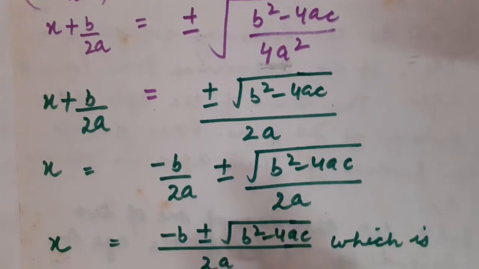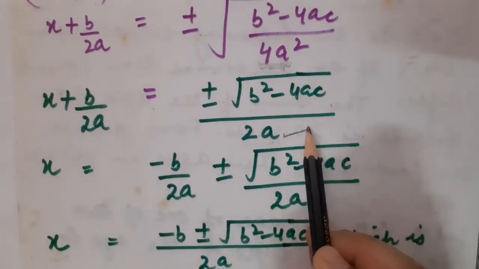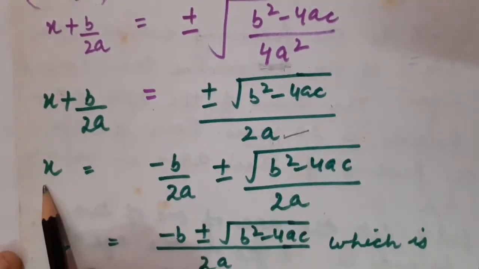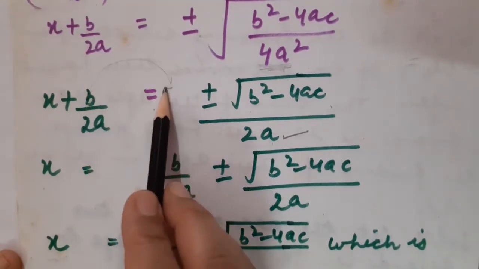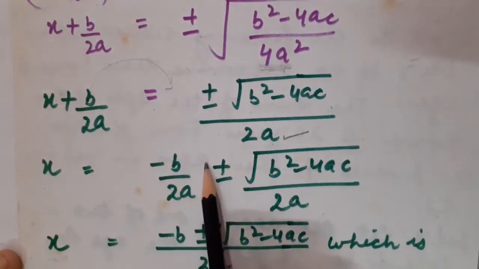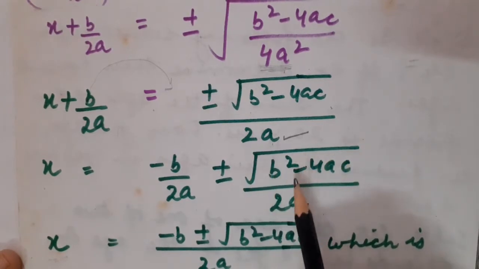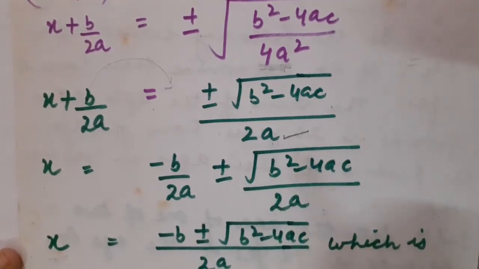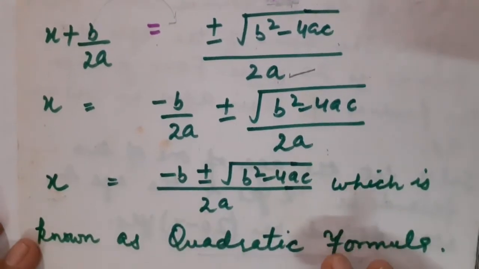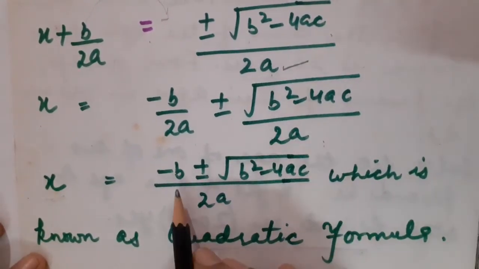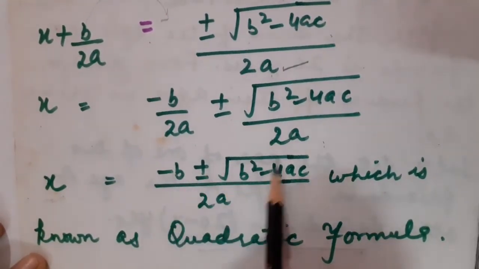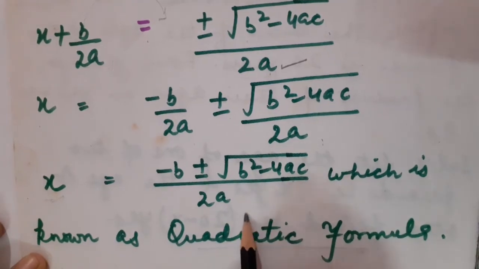Now after finding its square root I have got 2a. Fine. So what will be the value of x? This b upon 2a is going on the right hand side. It would become minus b upon 2a plus minus whole under root b square minus 4ac upon 2a. Taking 2a as LCM. So I will be getting minus b plus minus root b square minus 4ac upon 2a.